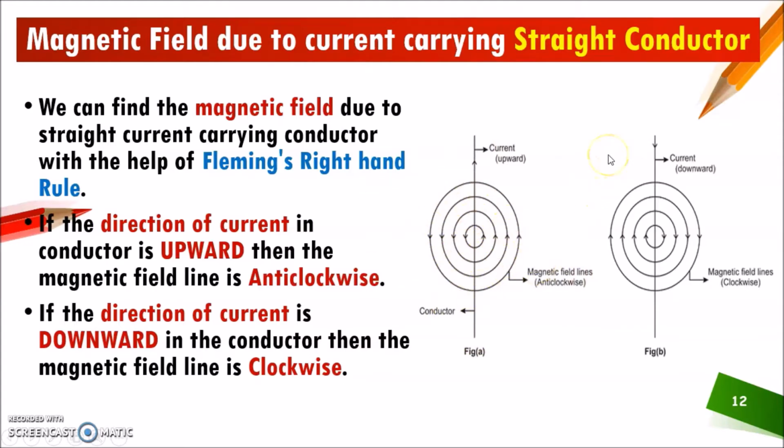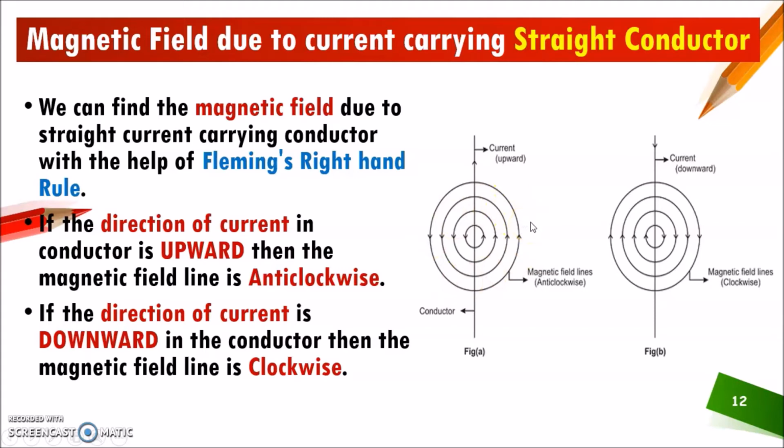If a magnetic compass is placed near a conductor carrying current, the needle is deflected. This shows that a conductor carrying current has a magnetic field around it. These concentric circles represent the magnetic field.